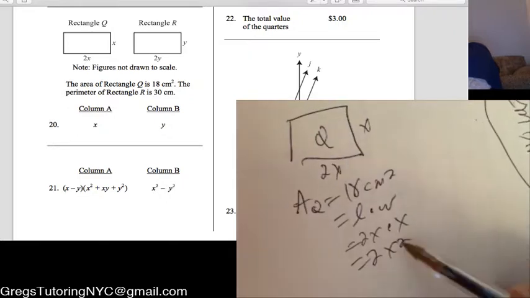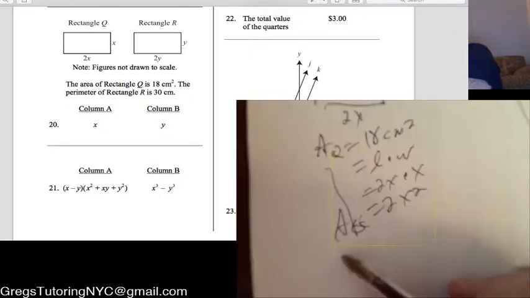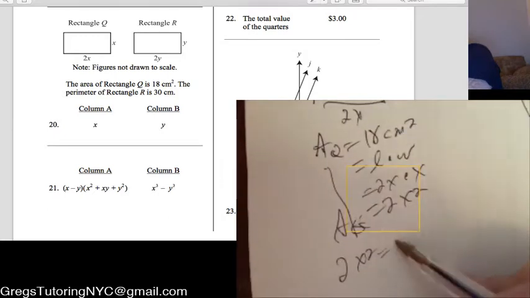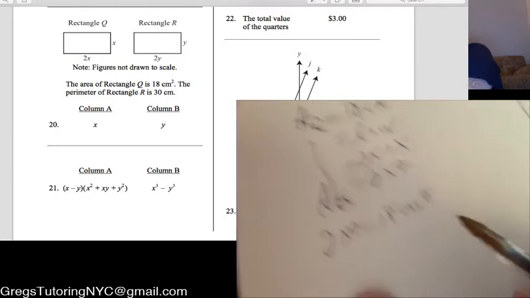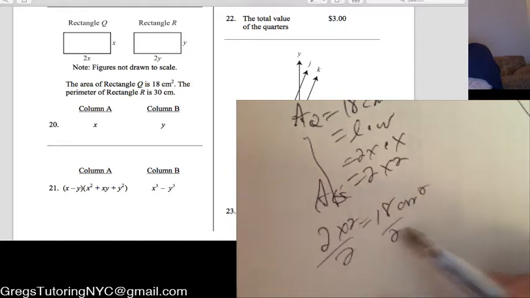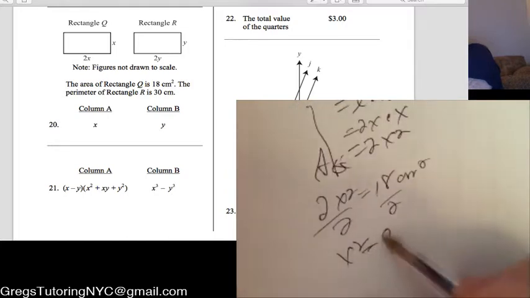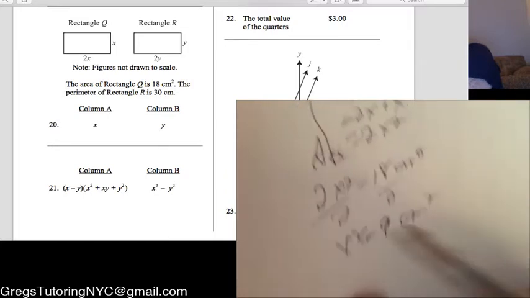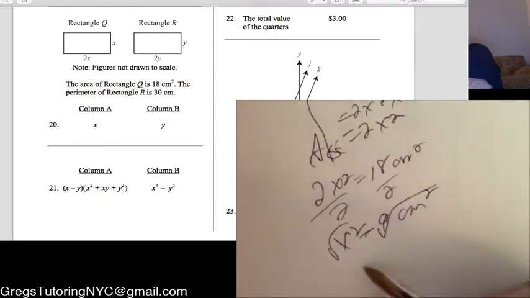But we already know, since all these are the area of Q, that therefore 2x squared equals 18 centimeters squared. So we divide by 2, and we get x squared equals 9 centimeters squared, and we take the square root of both sides, so we get x equals 3 centimeters.